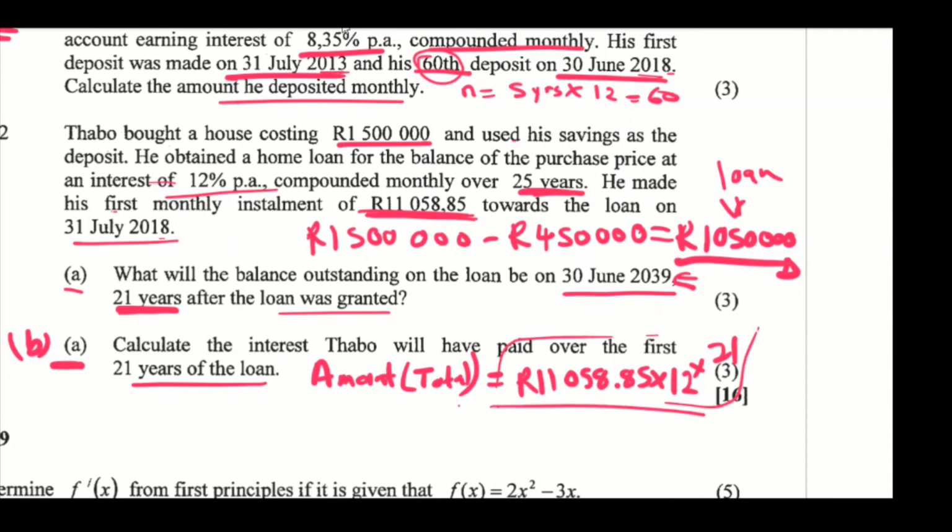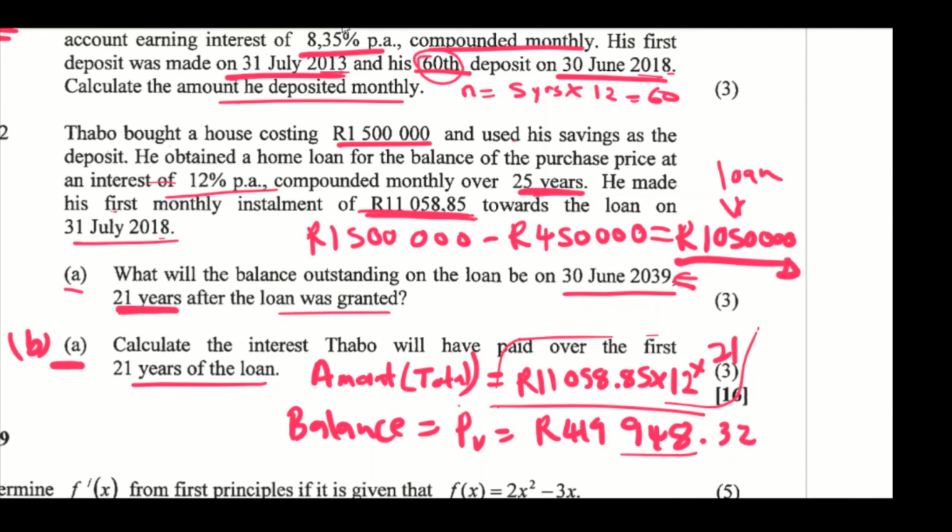And then we had a balance of the loan, which is the previous PV that we found to be 419,948.32, right?